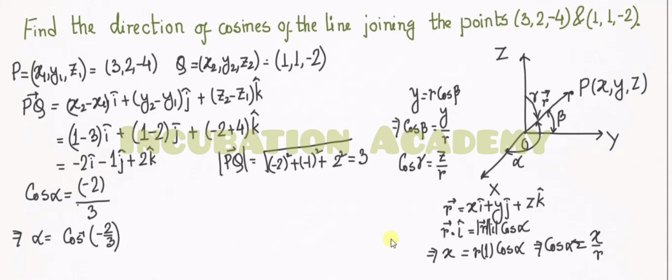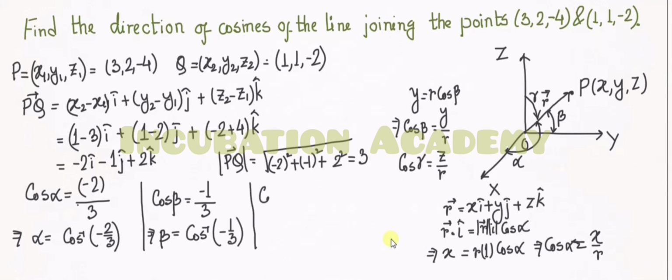Similarly, cos beta is -1 divided by 3, so beta is equal to cos inverse of -1 by 3.